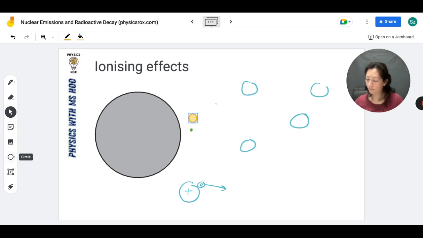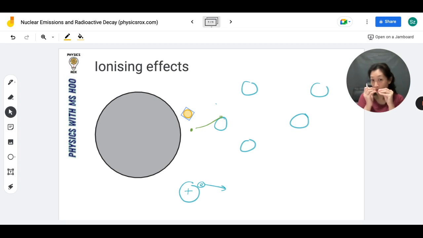So if we have an alpha particle that's moving and collides, and think about how, let's say, a beta particle could move and collide. Which would you think would be easier in terms of knocking out the electron from the shell?